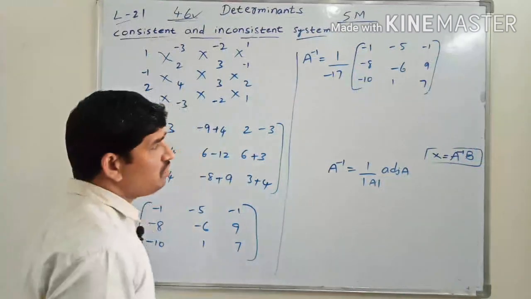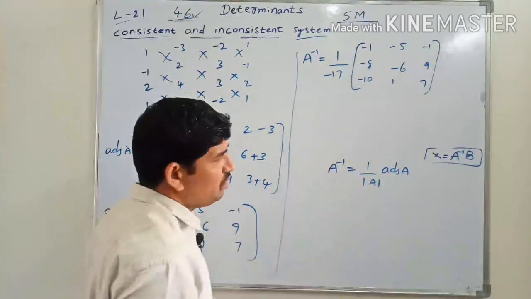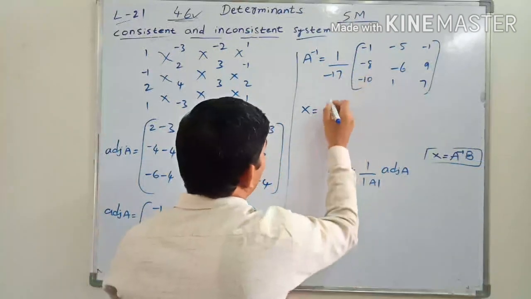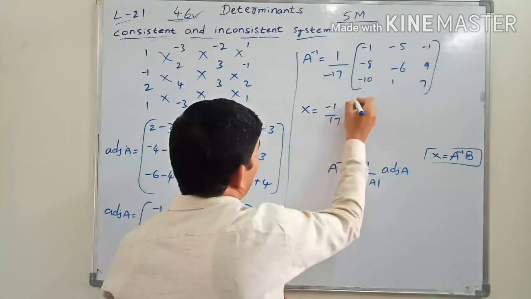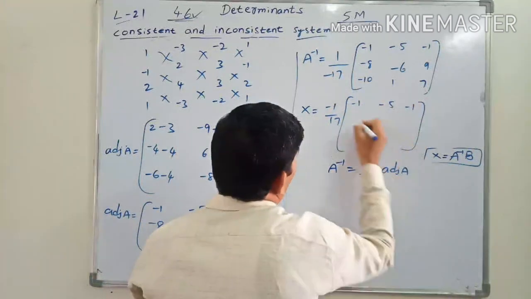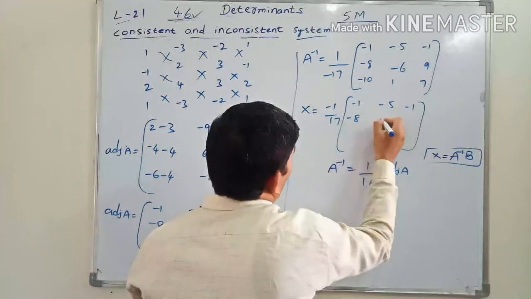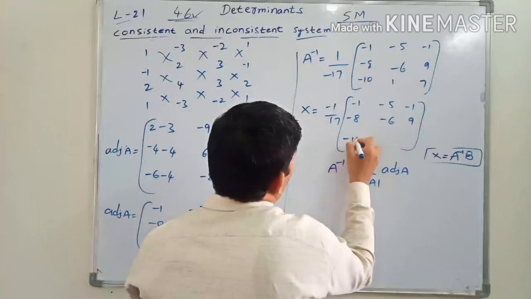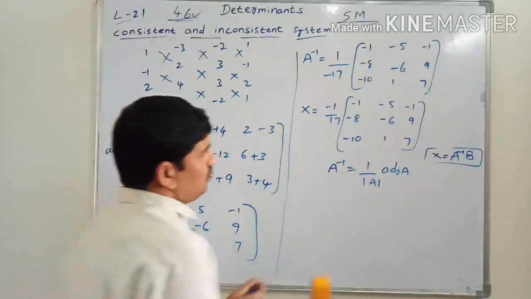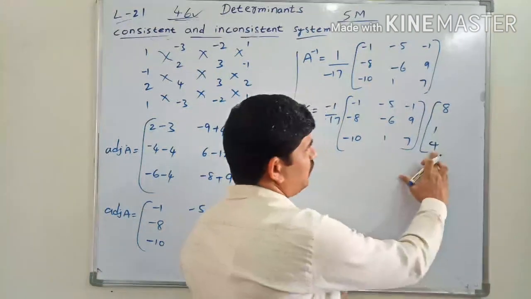Okay, after this we got the A inverse. Now we have to write this equation. X is equal to A inverse, which is nothing but minus 1 by 17 into the matrix: minus 1, minus 5, minus 1, again minus 8 and minus 6, 9, minus 10, 1, 7. Then we have to write here the matrix B, actually 4.